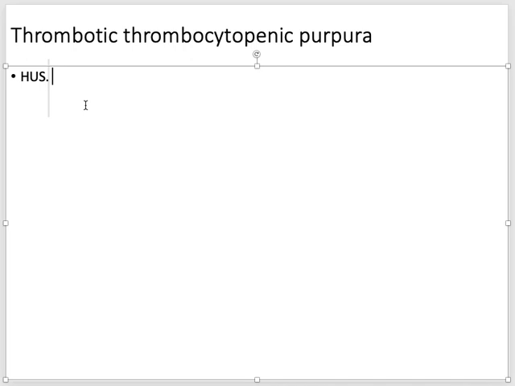So what is the difference between HUS and TTP? HUS, basically, we study in relation to pediatrics. This one occurs in pediatrics, in babies.